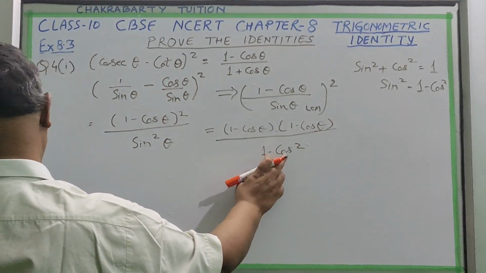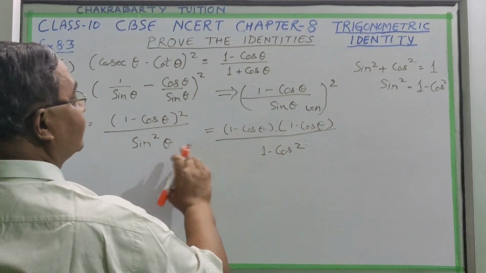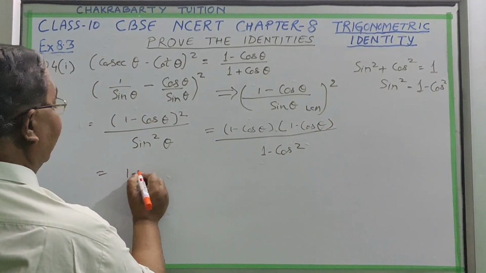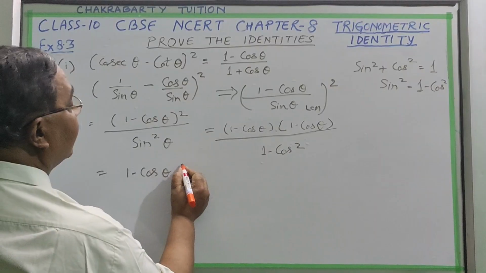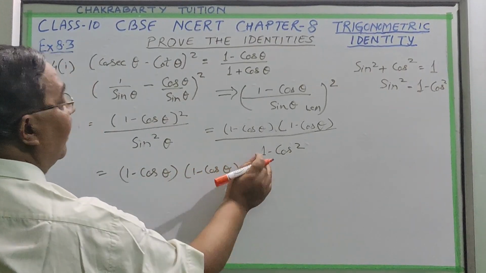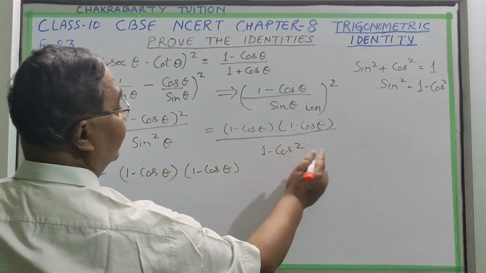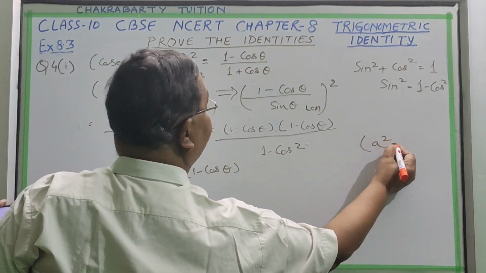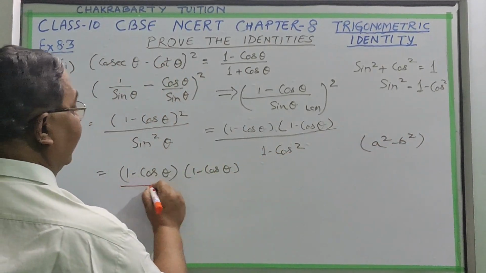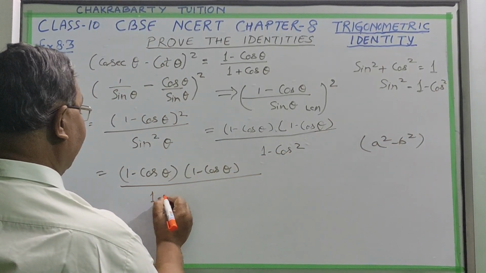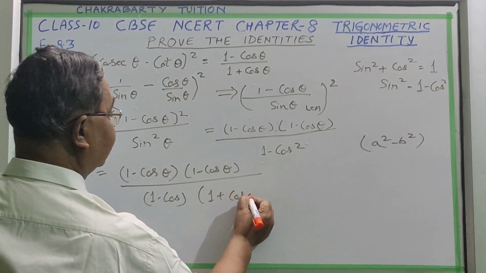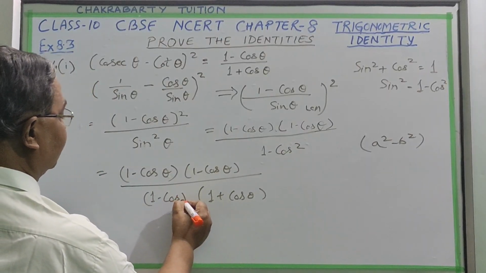And here 1 minus cos square, we can use the identity a square minus b square. So what will be there? A plus b and a minus b. So 1 minus cos theta will be in one bracket and 1 plus cos theta in the other. If theta is missing, you put it.